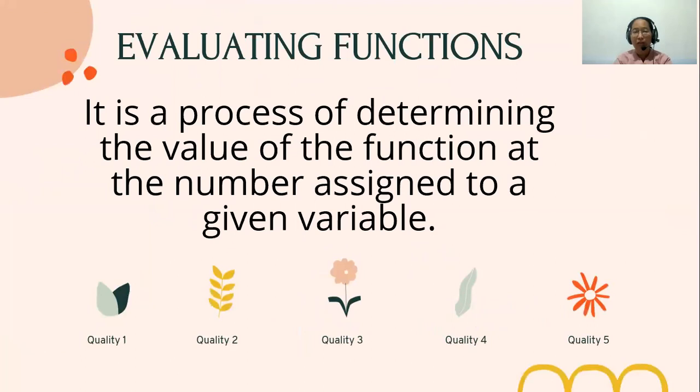Evaluating functions is the process of determining the value of the function at the number assigned to a given variable, just like the first activity that we had, finding the value of an expression. So evaluating functions means finding the value of the function given a value of the variable.